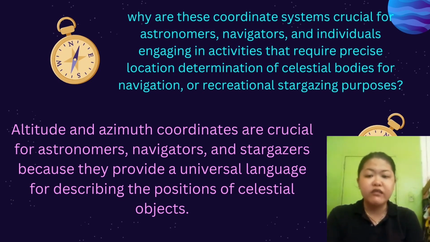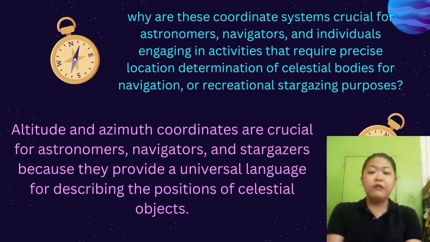By comparing these measurements to the star chart, they can determine their approximate latitude and longitude, helping them find their way back to the trail. So, by using kanang compass ug ang star chart, ma-compare nila or makatabang na siya para makauli sila sa ilahang lugar.